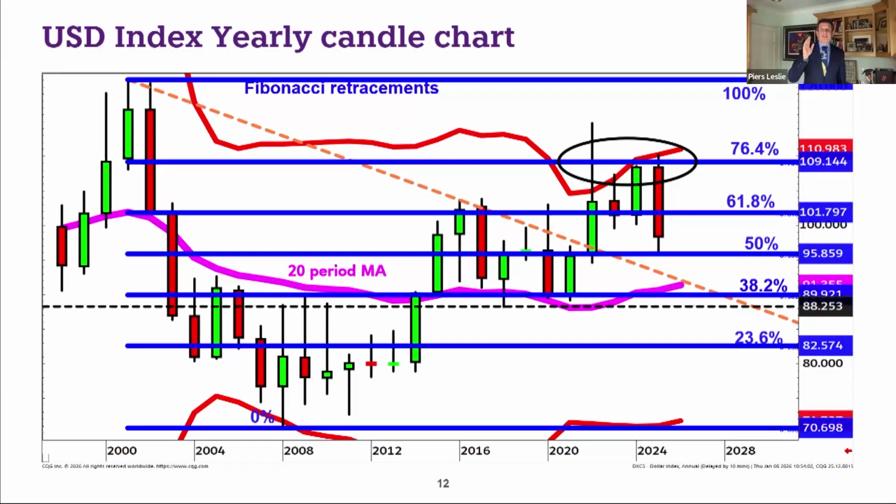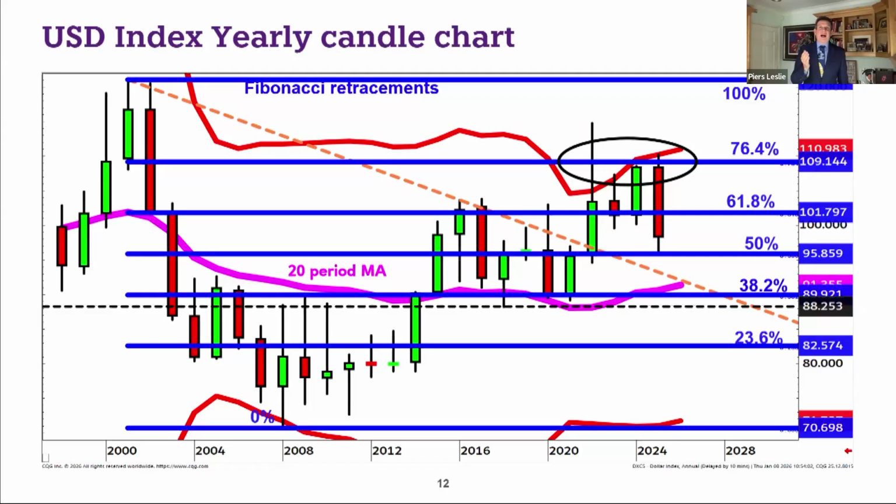But we can see the 38.2% towards the bottom, where there is also an orange trend line coming in, and the 20-period moving average. They all come round about 89.91. So if we do see that trend line break, then that could be an area where there's strong support.